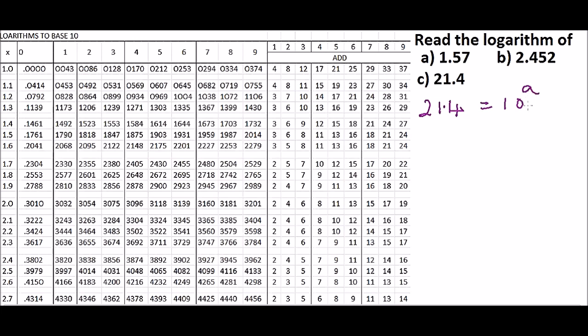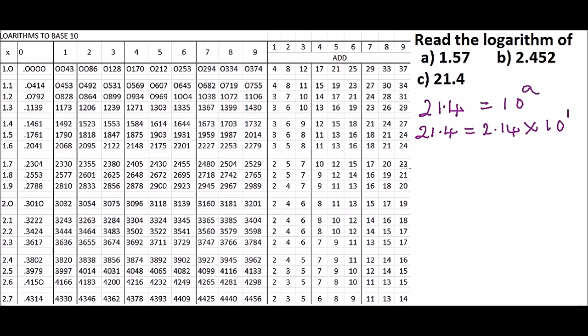Let's say we have 10 to the power A. For us to do this, we have learned how to write a number in standard form. So 21.4 is the same as 2.14 multiplied by 10 to the power 1.